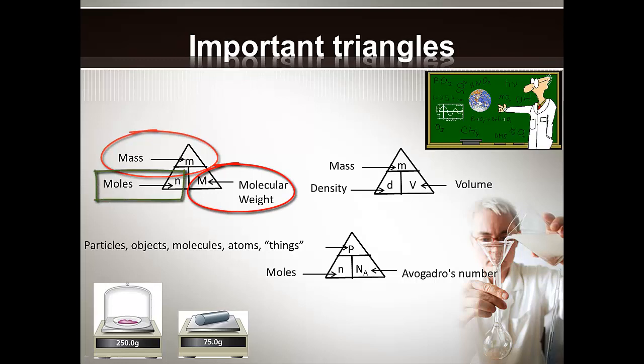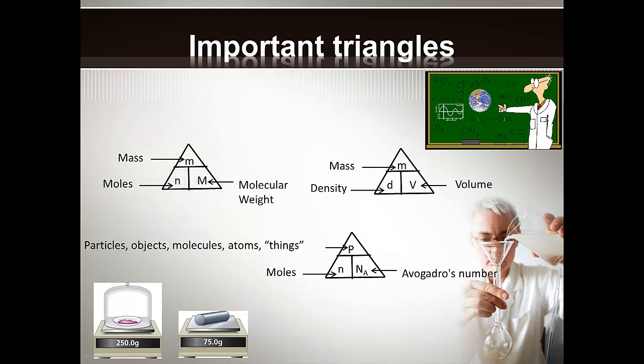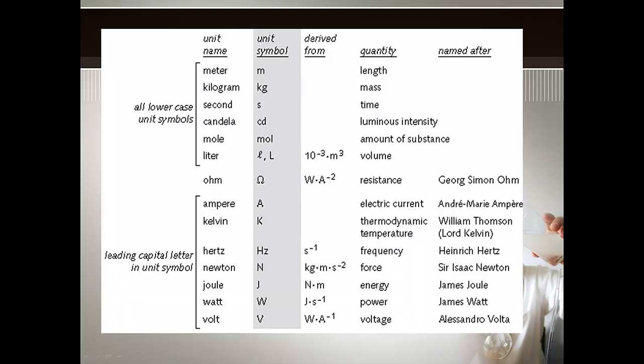So mass on molar mass gives you moles, okay, for example. What happens if you multiply moles by molecular weight? Well, then you get mass. This is how these triangles work. Here's some SI units. You can see that the SI unit mole is used for the amount of substance.